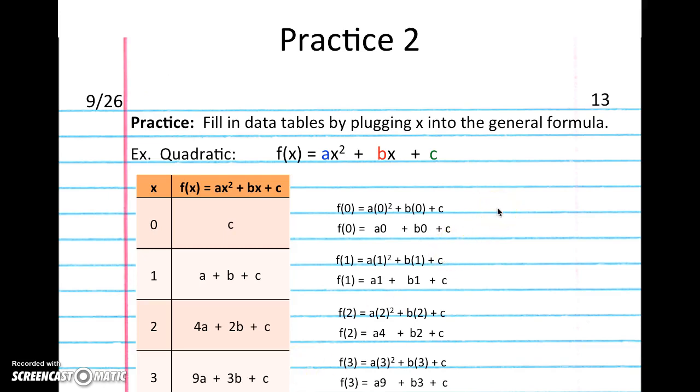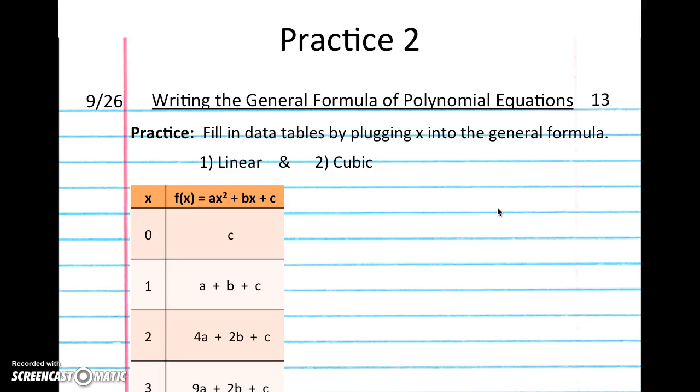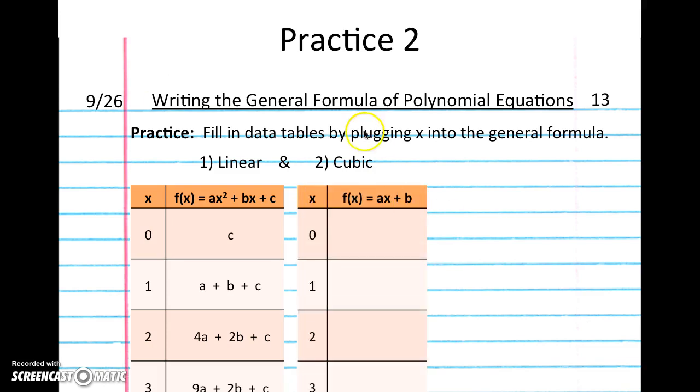So you're going to work on this practice with the linear and cubic. So for the linear table, it should look like this. You should have an x column with these numbers 0, 1, 2, and 3, and f of x equals, and this is the general formula, ax plus b. And you're going to do your scratch work on the side by plugging in the values of x into each of these.